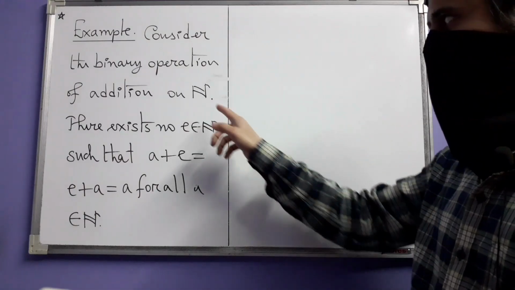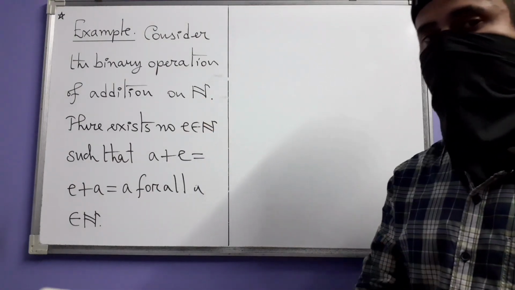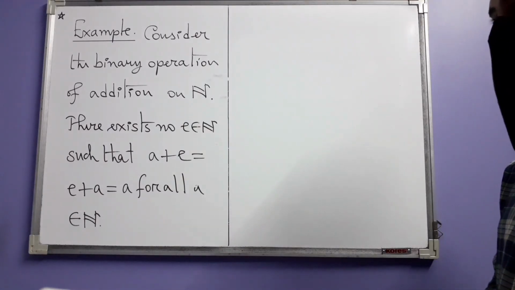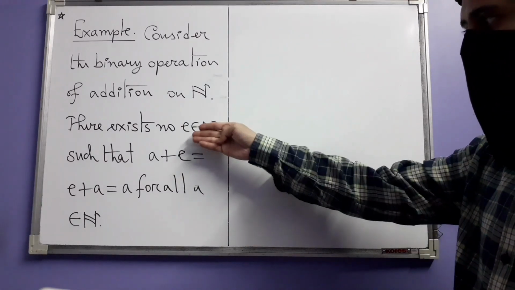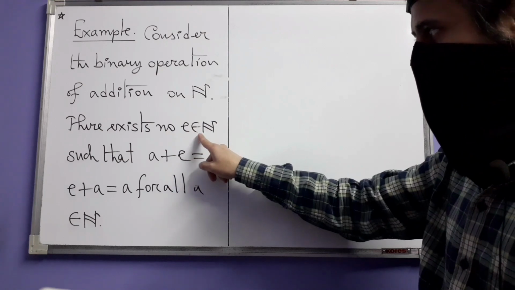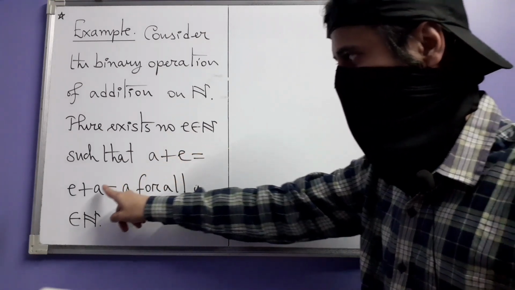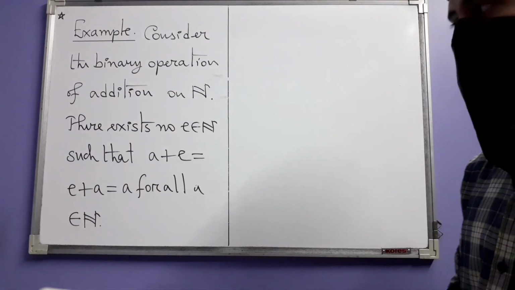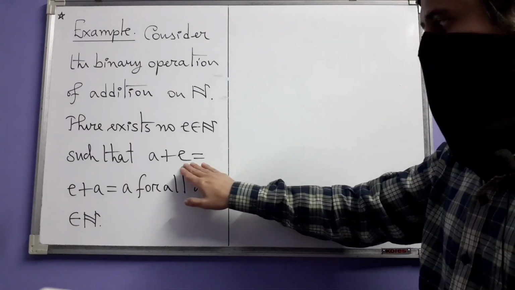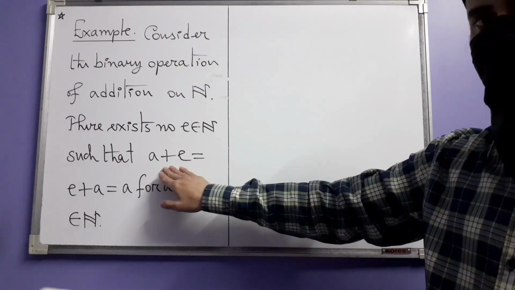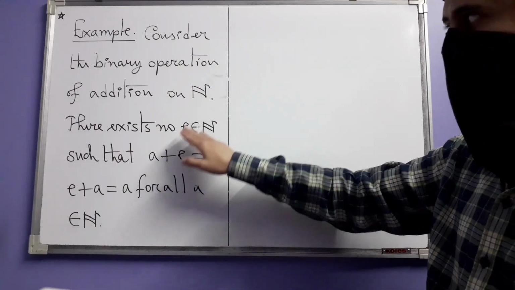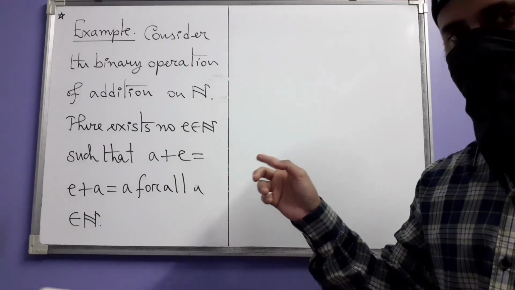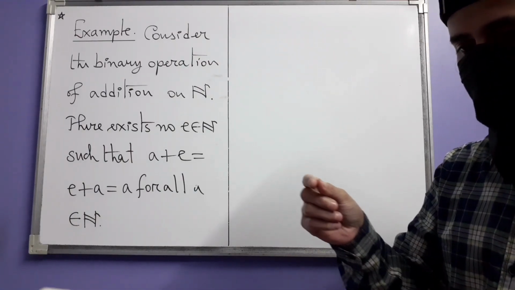Now we are saying that there is no identity element for this addition. Why? In fact, we have written that here there exists no e in N such that a plus e equals e plus a, which equals a for all a in N. That is because the e that we normally have with plus is 0, which however is no longer present in N. You go back to the original definition of identity element and see all the parts carefully.